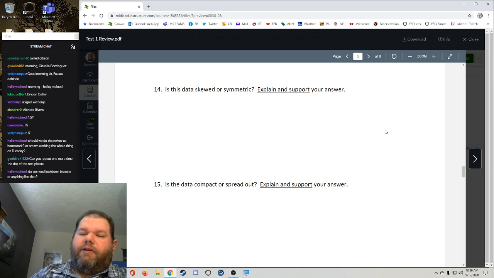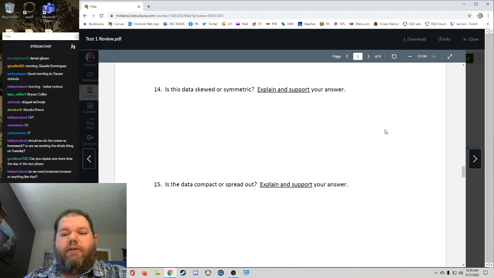And then, like I said, the two graphs, the histogram, probably also the stem and leaf. I think for the stem and leaf you'll be able to do that in a text box, so we may be okay there.